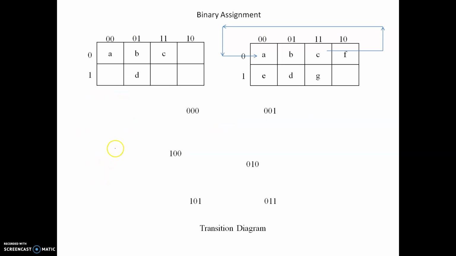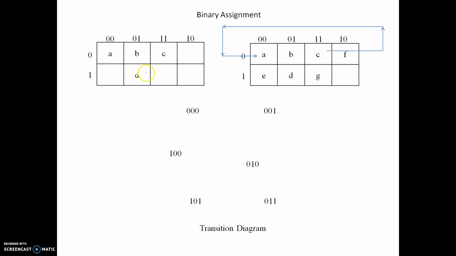Here, A has a value of 000, B has a value of 001, C has a value of 011, and D has a value of 101. The transient from A to B has a 1 bit change, so we don't have any problem in it.